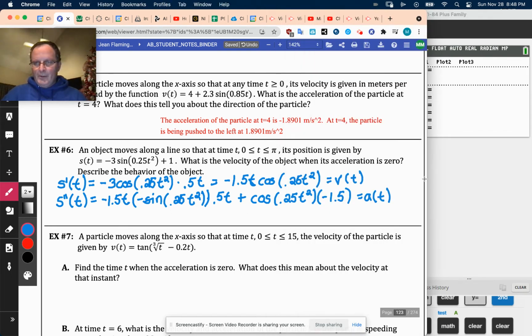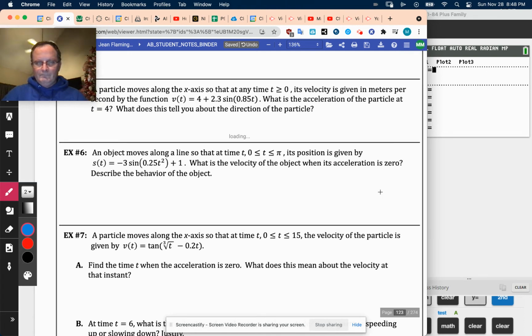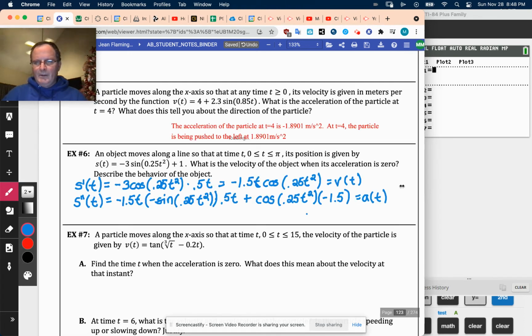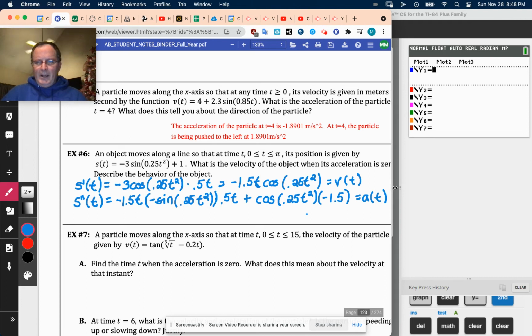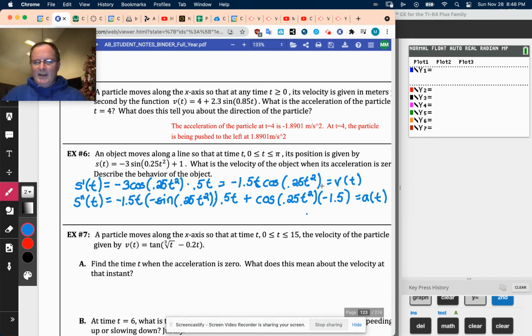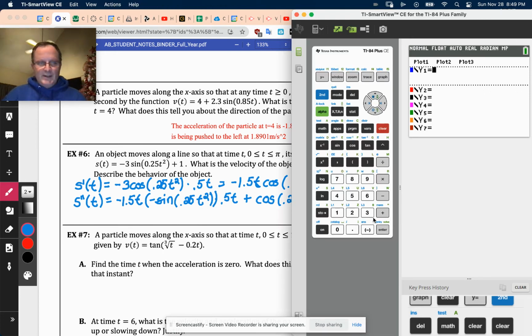Need some room here. Scoot that over just a little bit. All right, I'm typing this acceleration equation in, just like it says.